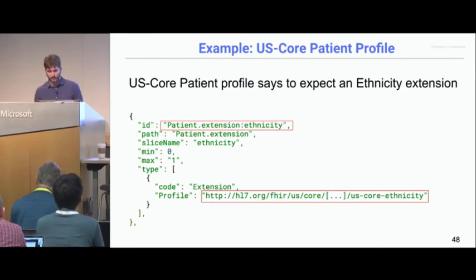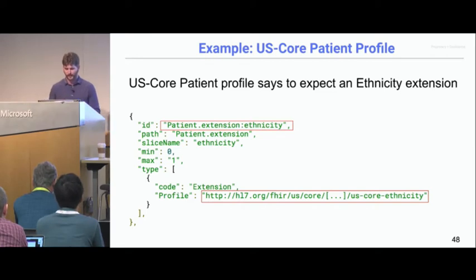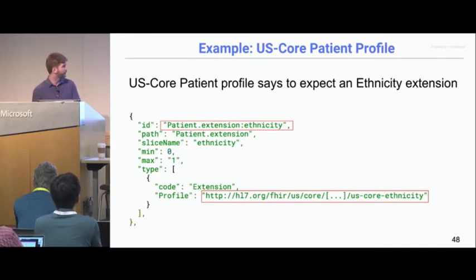Next, let's take a look at the US Core Patient Profile. The US Core Patient Profile defines a slice on extension for ethnicity. This is how they signal to us that you should expect there to potentially be an ethnicity extension. It's going to have the slice name ethnicity, and the URL for it is going to be defined by this profile here.